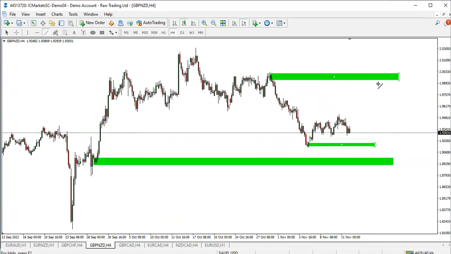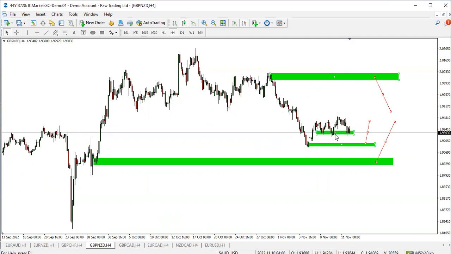So either way, these are the liquidities I'm hoping that it will take out for a sell, in order for this sell here to become valid. It will have to take out these liquidities here.